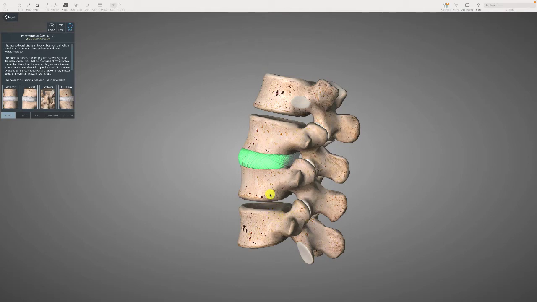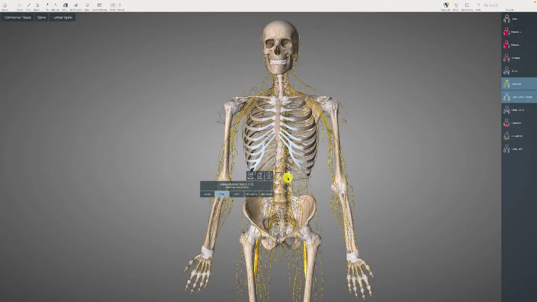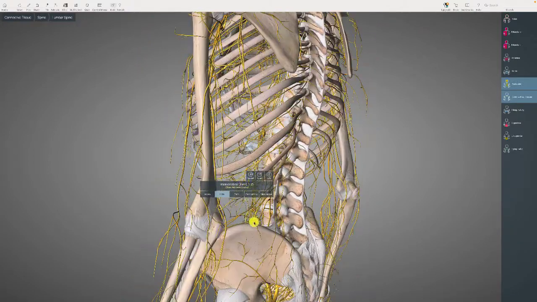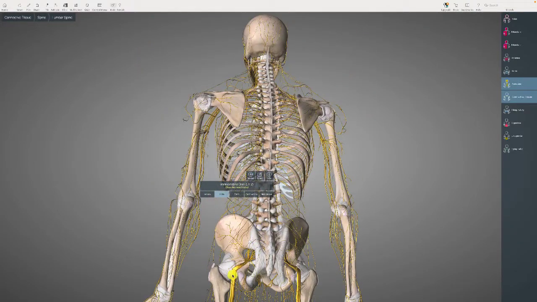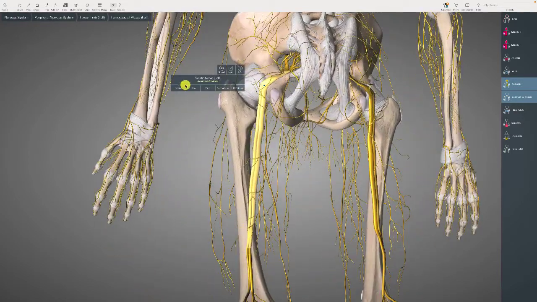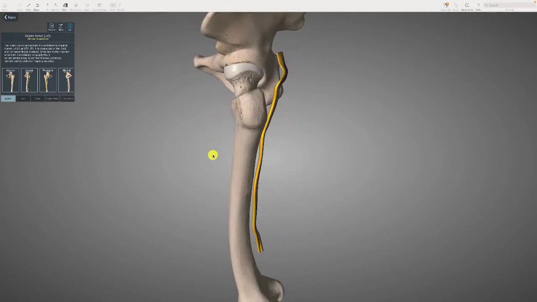So a herniated disc can cause symptoms if it presses on that nerve that comes outside and runs down the leg. For instance, a lot of people will be told that their sciatica, or sciatic nerve, which is this nerve right here, is being inflamed due to a herniated disc.